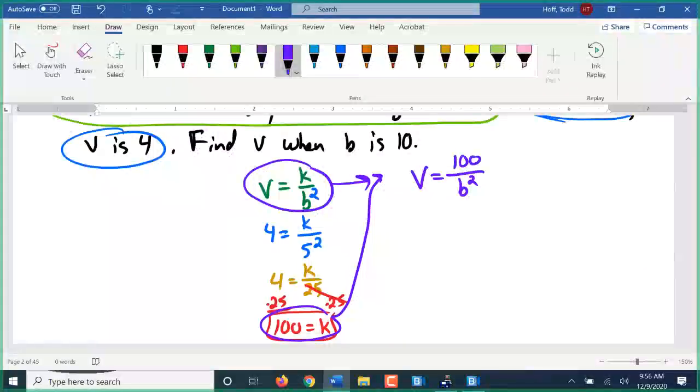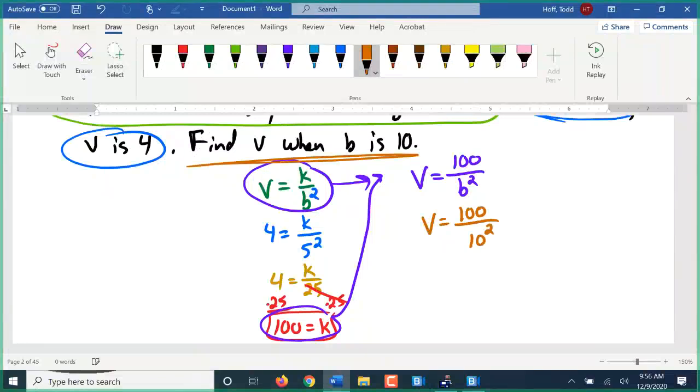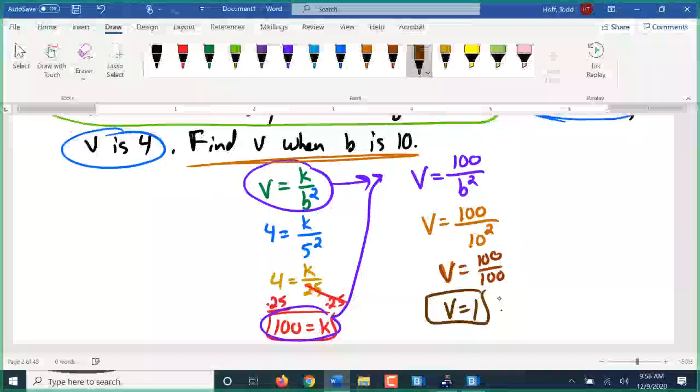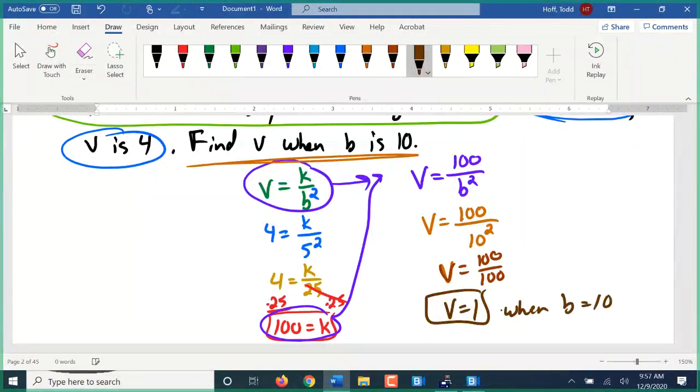So now, find V when B is 10. We put 10 in for B, so it's V equals 100 over 10 squared. 10 squared is 100. So V equals 100 divided by 100, or V equals 1 when B equals 10.